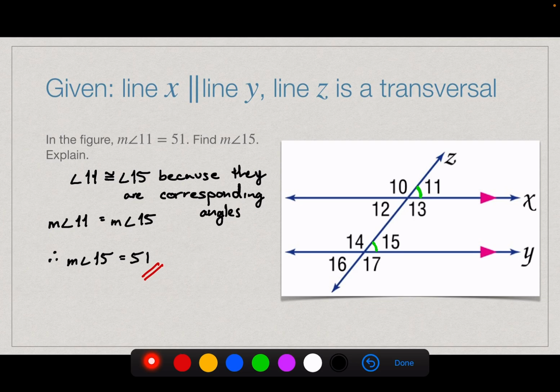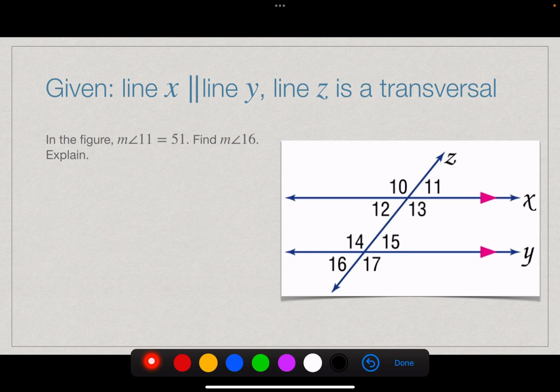We already know that x is parallel with y. And so if we know that, then we can say that they're corresponding angles. So now we're looking still at angle 11, but we can look at angle 16. Now, we've already said that the measure of angle 11 is equal to the measure of angle 15, because of the corresponding angle postulate.